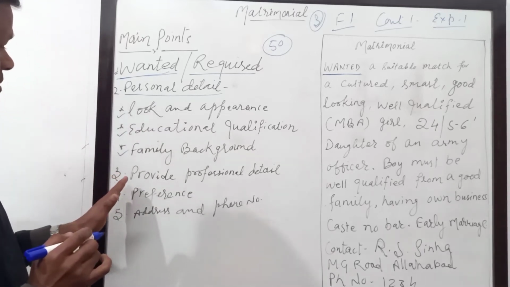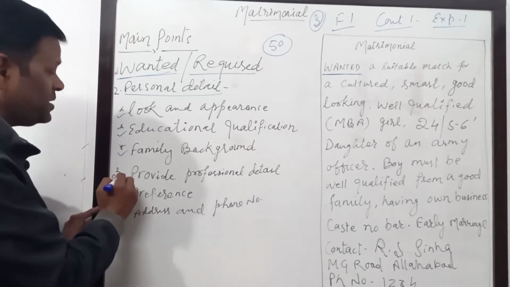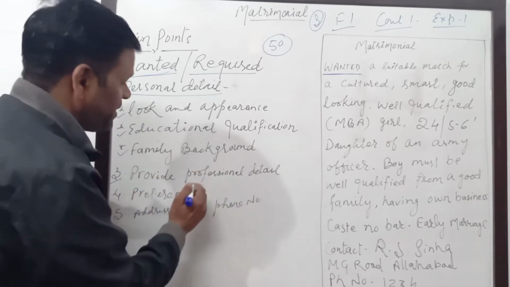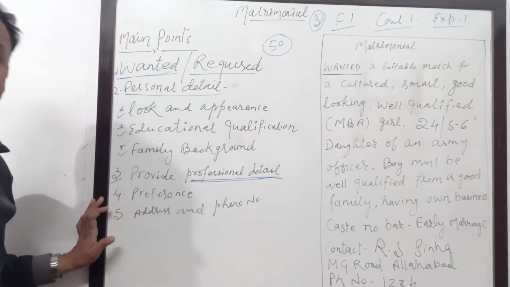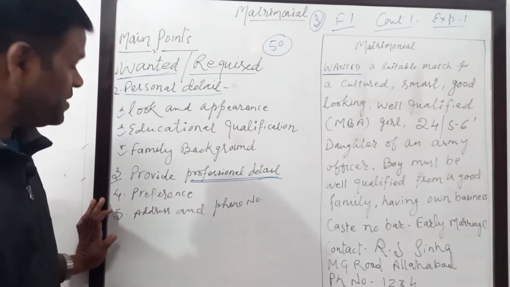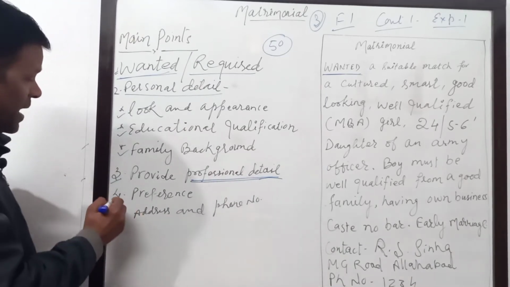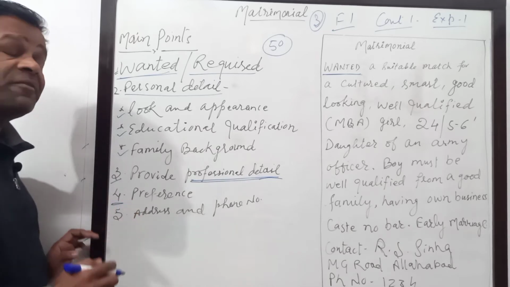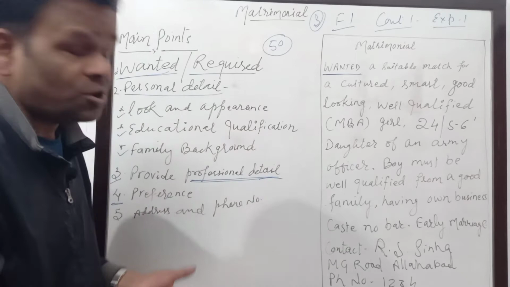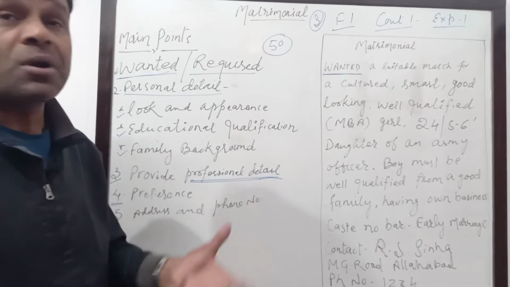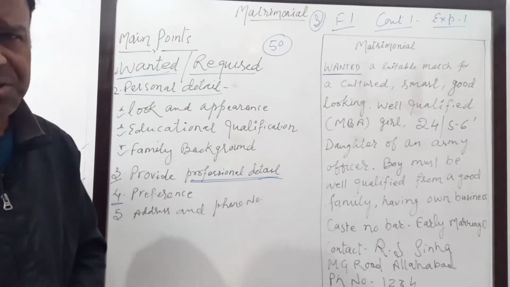Now comes the next detail, number 3, that is, provide professional details. It means what is your job, what is your profession, what is your business, what is your family background. Correct? And then come the preferences. Preferences here means whether you want to marry your daughter or son within your own caste, or there is no restriction of caste.